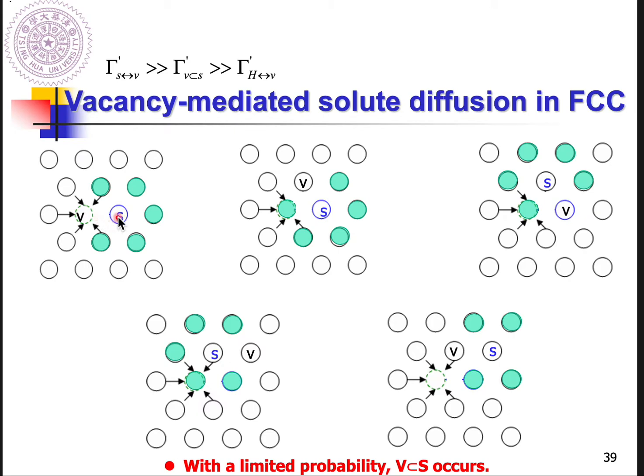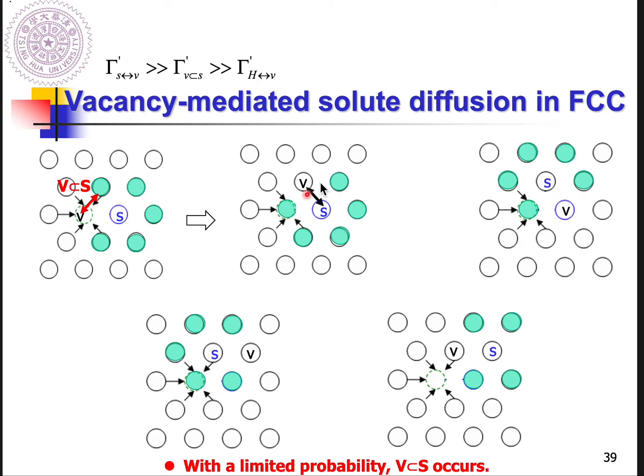But after 1,000 jumps, there's one jump of the host's neighboring atom into the vacancy. So the vacancy will become here, and the host neighboring atom will become here.